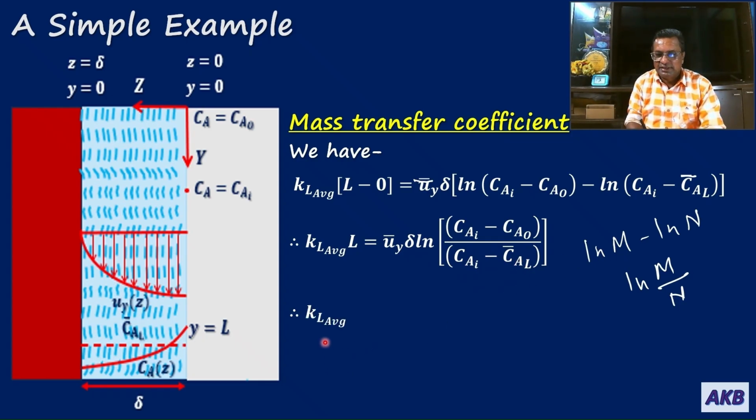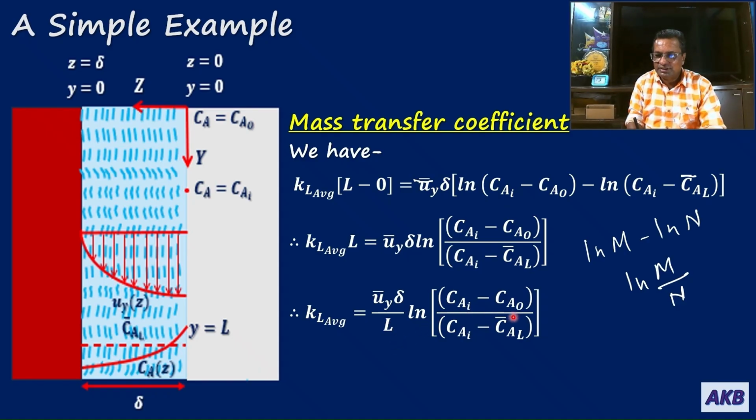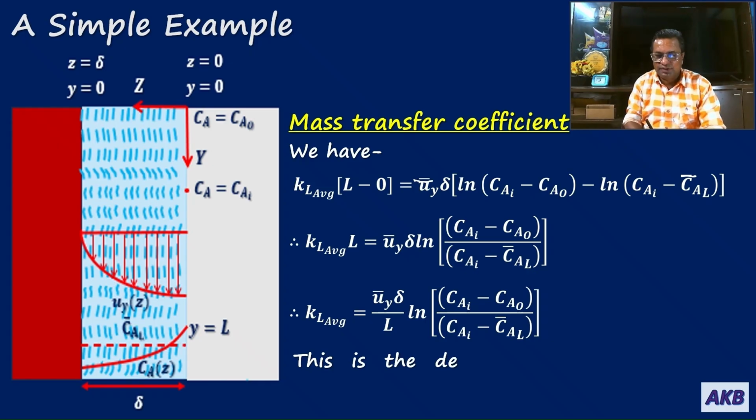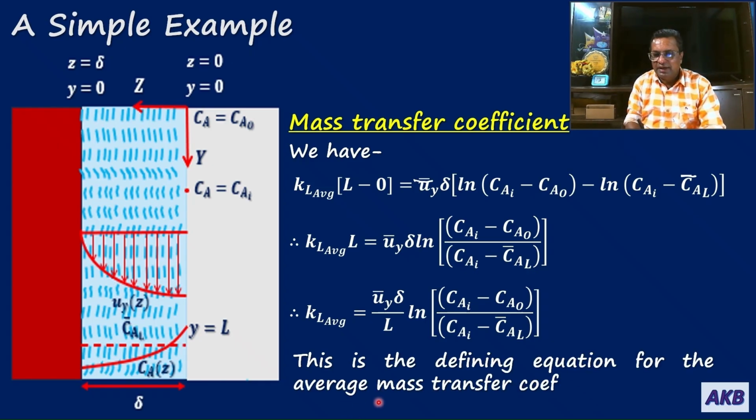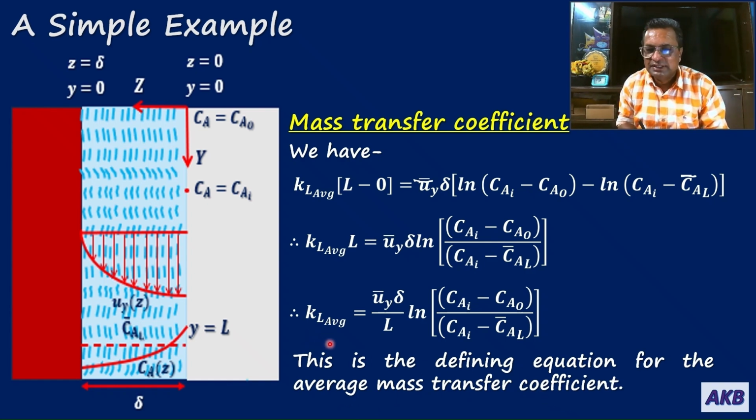So KL average is equal to uy bar into delta by L into ln of CAI minus CA naught divided by CAI minus CAL bar. So we get an equation for KL average, and this equation is nothing but the defining equation for the average mass transfer coefficient.